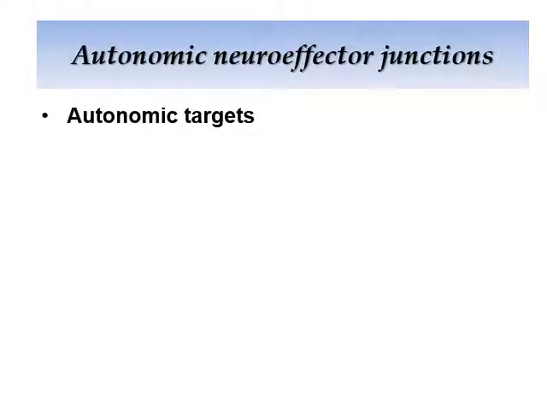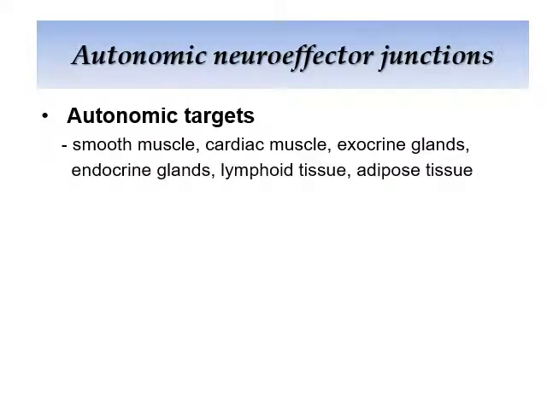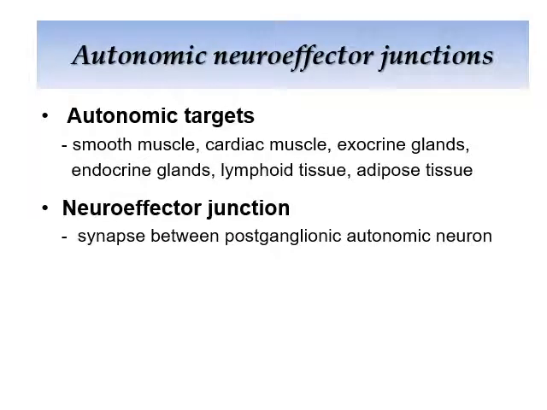The targets of the autonomic neurons are your smooth muscles, your cardiac muscles, your exocrine glands, a few endocrine glands, as well as the lymphoid and adipose tissue. The synapse between a postganglionic autonomic neuron and its target cells or effector organs is called the neuroeffector junction.